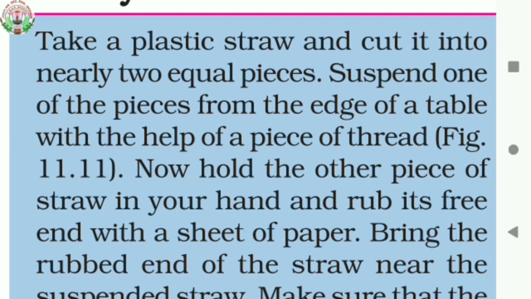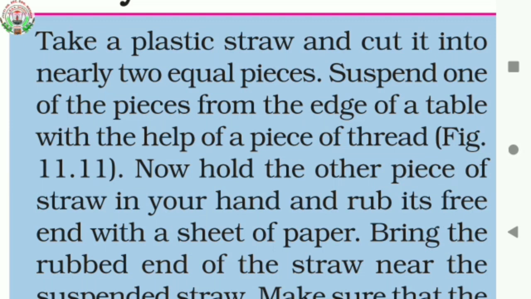See activity number 7 given in your textbook. Take a plastic straw and cut it into nearly 2 equal pieces. Suspend one of the pieces from the edge of a table with the help of a piece of thread as shown in figure number 11.